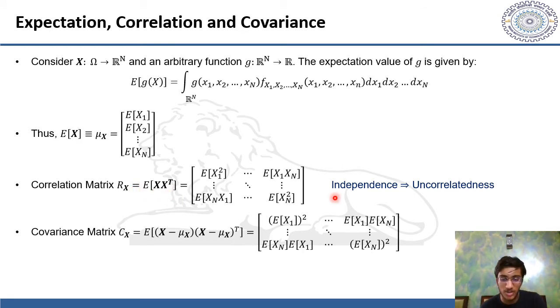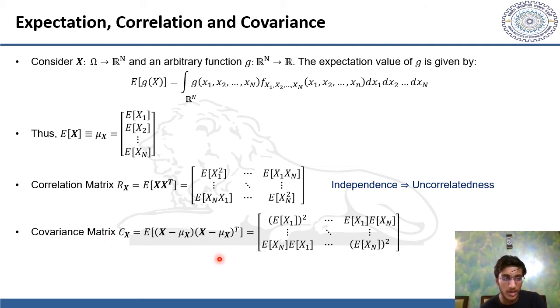In fact, another important result is that independence of random variables implies their uncorrelatedness, but the converse, that uncorrelatedness implies independence, may not necessarily be true in general. Next, another important concept, defined in a manner analogous to variance, is the covariance matrix Cx, which is defined as the expectation value of x minus mu x times x minus mu x whole transpose.